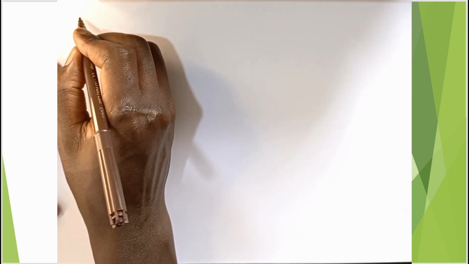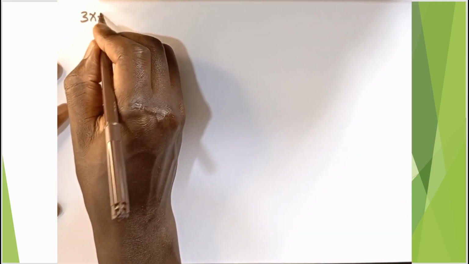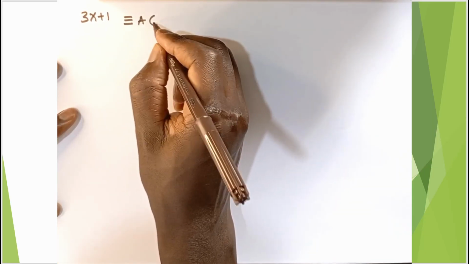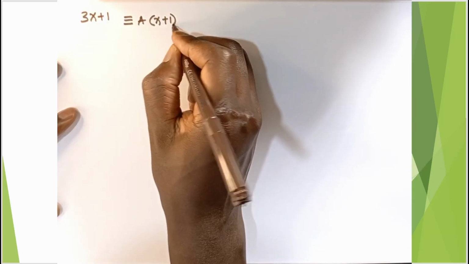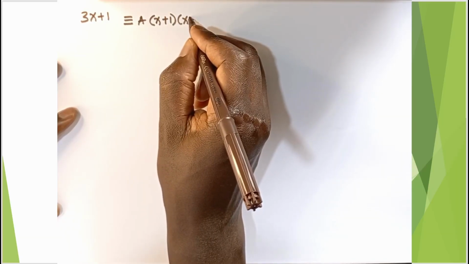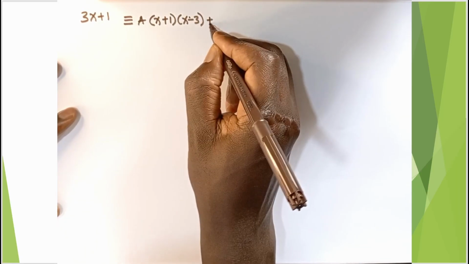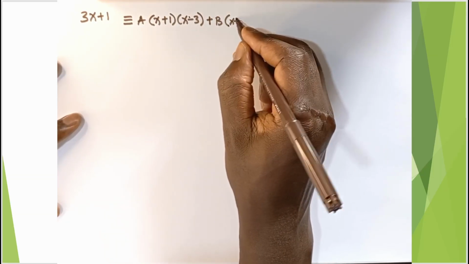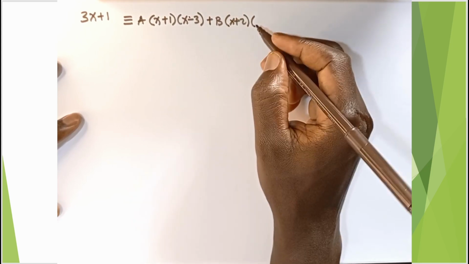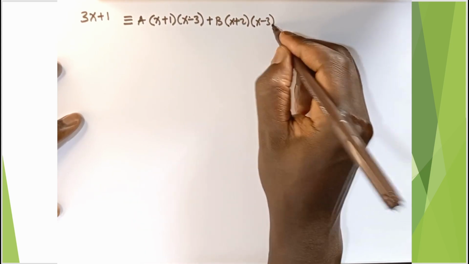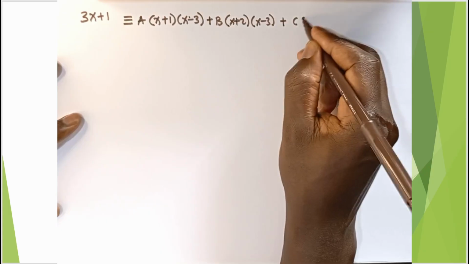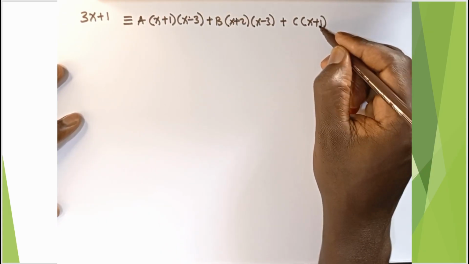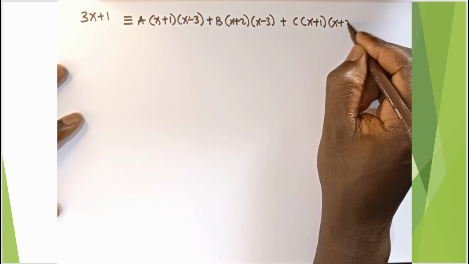Now rewriting our expression the way it was, such that we start dealing with it, we have A into x plus 1 into x minus 3 plus B into x plus 2 into x minus 3 plus C into x plus 1 into x plus 2.